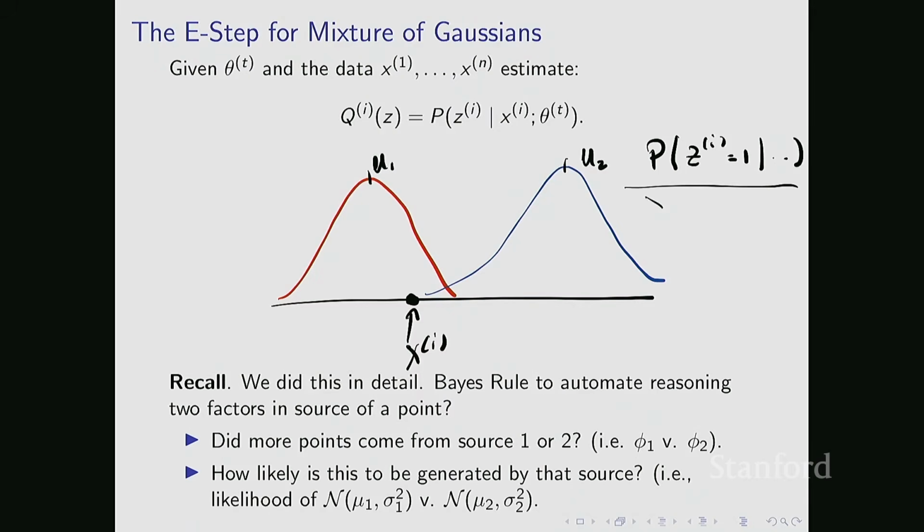And how you would do it is you would compute, I'm going to just do it for this simple one here, and normalize by p(z_i = 1 | ...) plus p(z_i = 2 | ...). We would just look at the normalized ratio of these, and this is what Bayes' rule told us to do last time. There's nothing mysterious here. It's just comparing those densities that we had. This may be disturbing to some of you because these are densities that I'm comparing, but that's okay. Those numbers are meaningful.